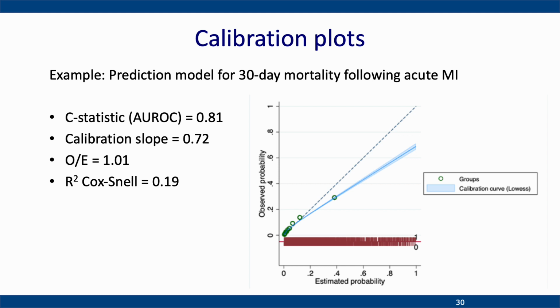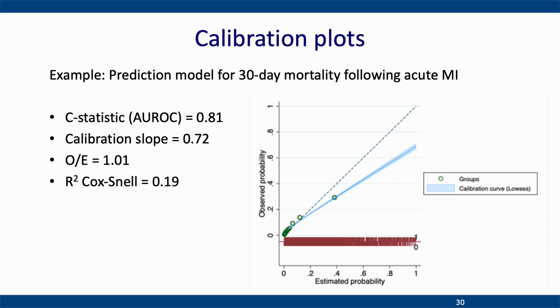But what we see when we do a smooth calibration curve across all the individual points is this blue line, and we see there's some systematic miscalibration. Those at the highest risk, their estimated risks are too high compared to the observed outcomes. So for example, somebody whose predicted risk was 0.8, actually in people of that type, their observed risk is about 50%.